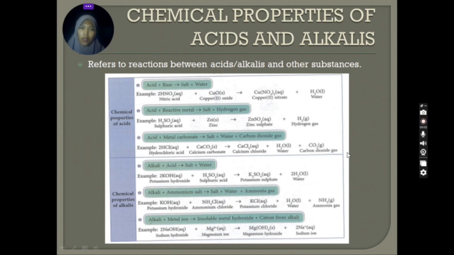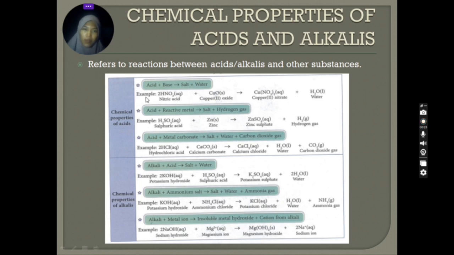Next slide is about chemical properties of acids and alkalis. Chemical properties refer to reactions between acids or alkalis and other substances. We will look at acid first. If an acid reacts with a base, it will produce salt and water.